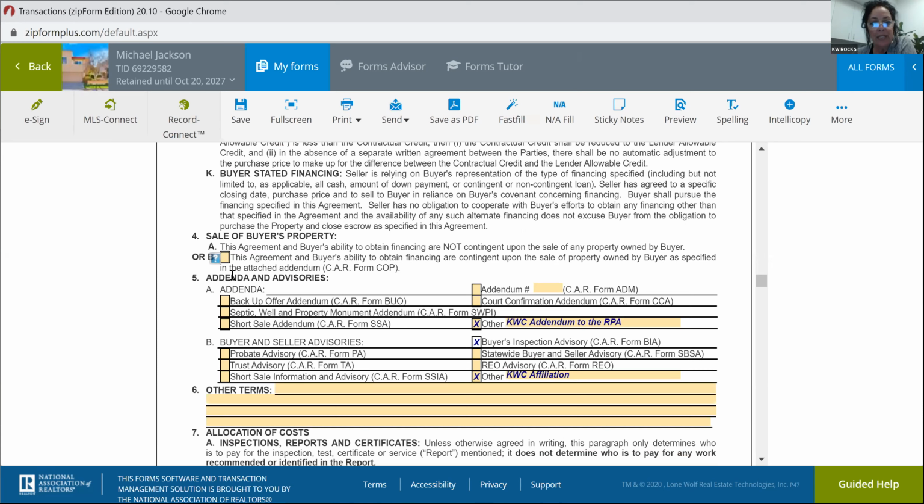So paragraph 5 is addendum and advisories. You're always going to check this: KWC addendum to the RPA. This form is located in your intranet in our back office, mykw.kw.com.